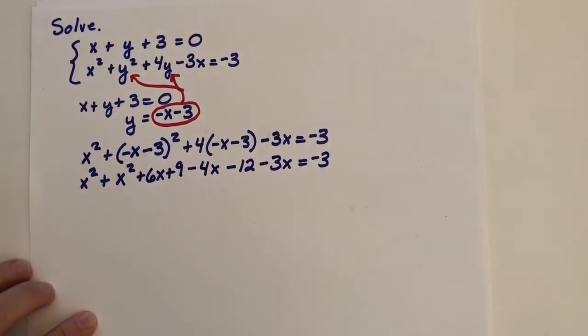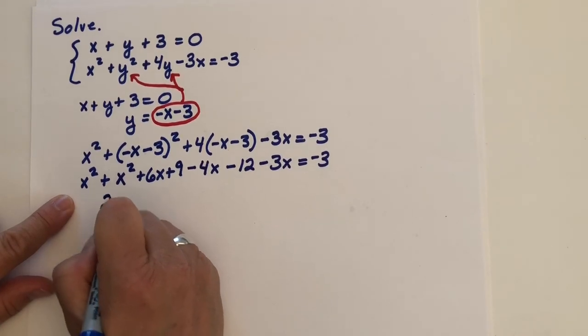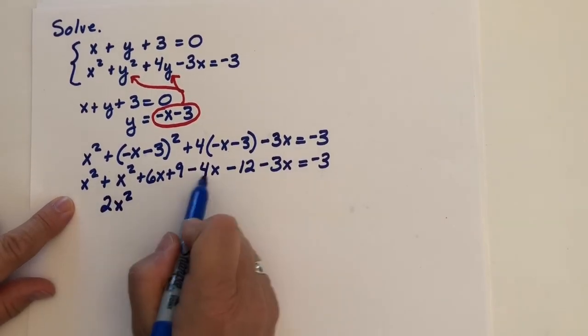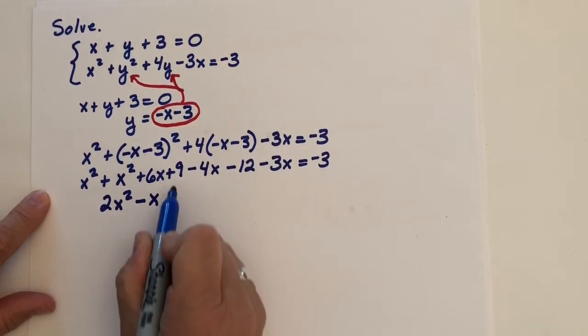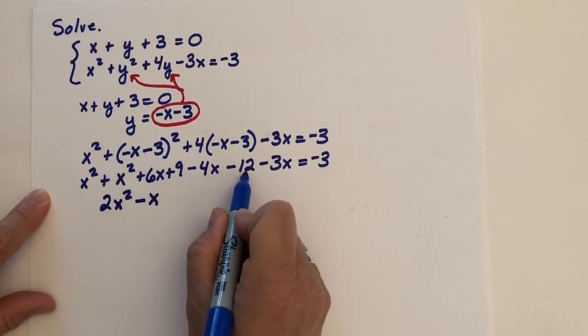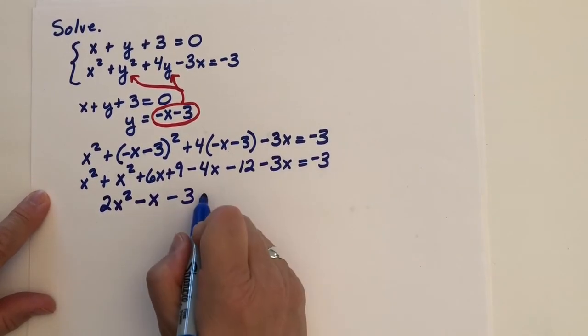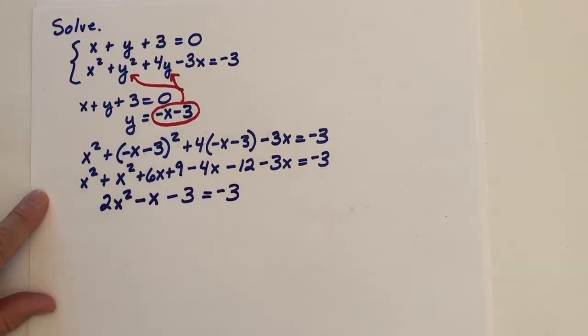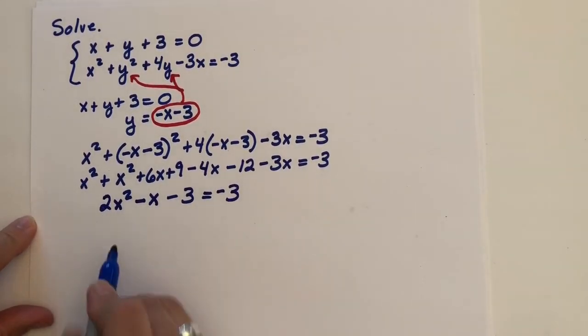We have some like terms to combine. Let's do that. We have an x squared plus an x squared. That's a 2x squared. 6x minus 4x minus 3x. That's negative 1x. 9 minus 12 is negative 3. And that equals negative 3. We have a quadratic equation. Let's just set that equal to 0.